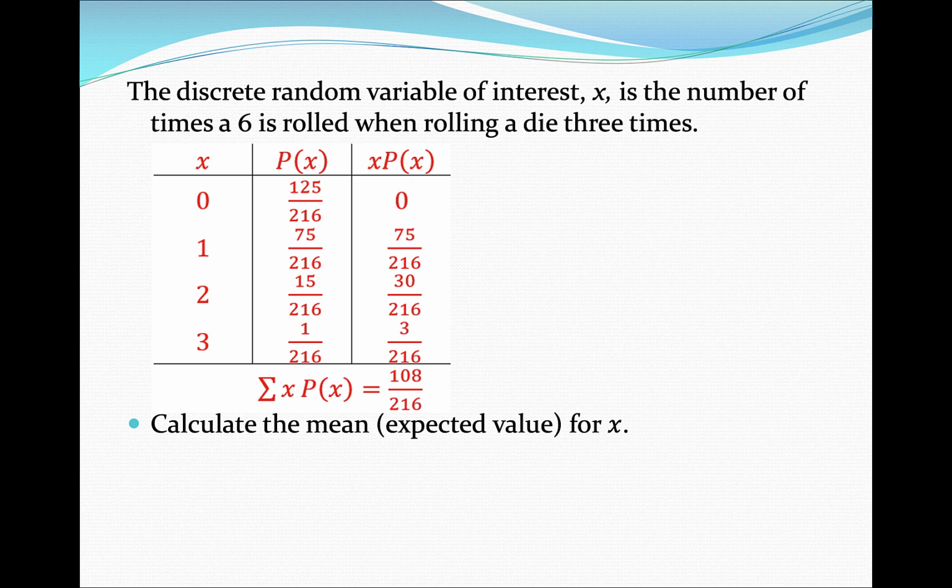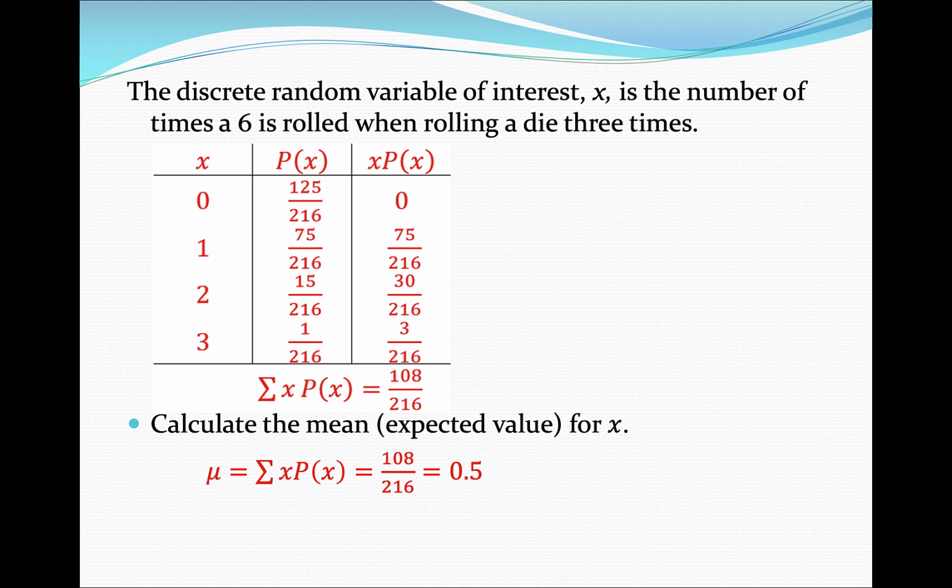We know the mean is the sum of x times p of x, so just create that list of x times p of x values. We get 0 times 125 over 216 is 0. 1 times 75 over 216 is 75 over 216, and so on. You can see the math there. And when we sum those, we get 108 over 216. So that gives us a mean here of 0.5.